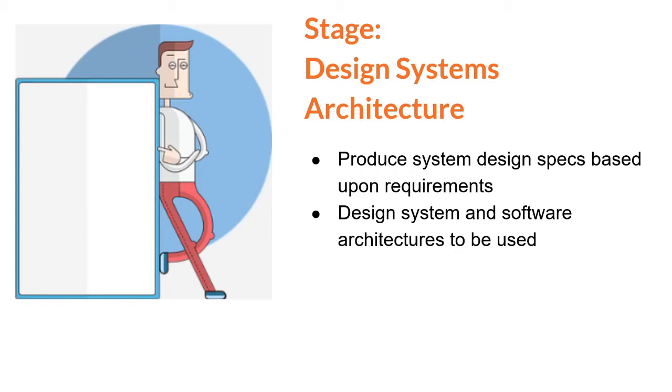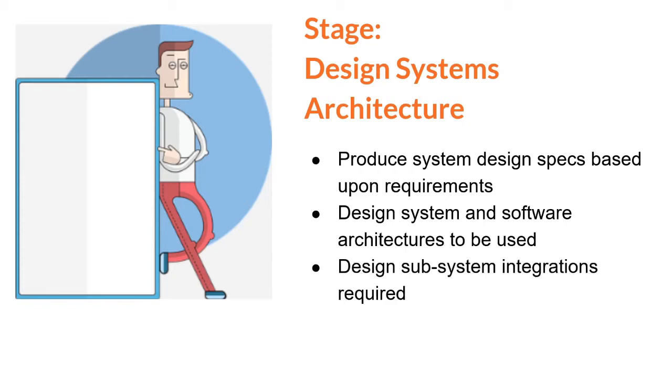Next, we design our subsystem integrations, which is how the different smaller components of the systems are going to be integrated with each other and communicate with each other, and how they're going to be functioning overall as a complete system once the components have been integrated.